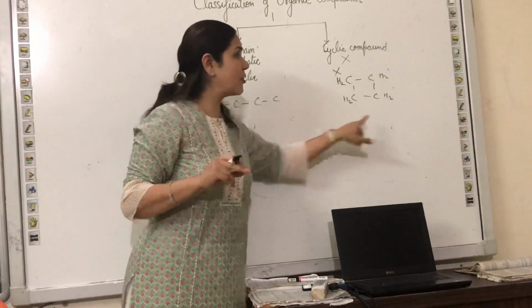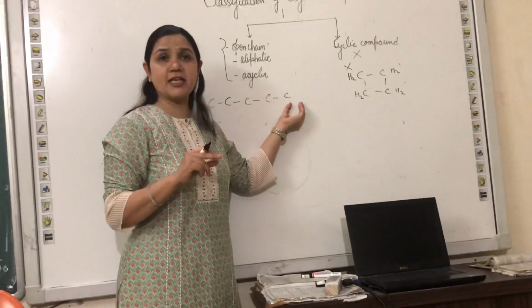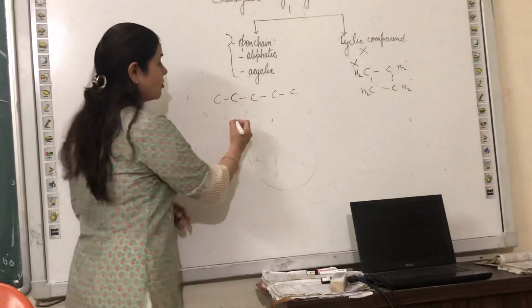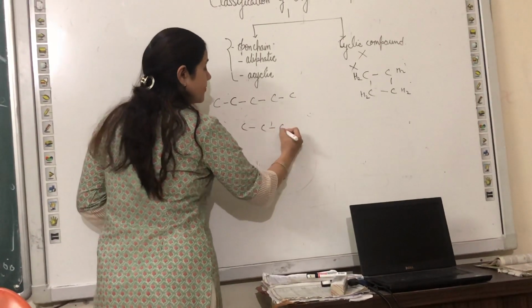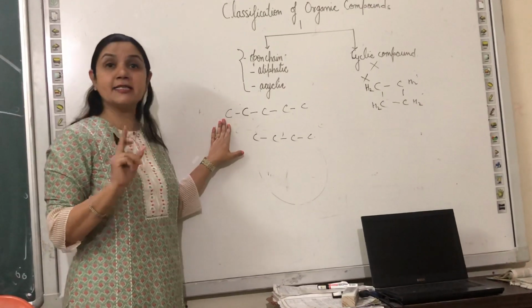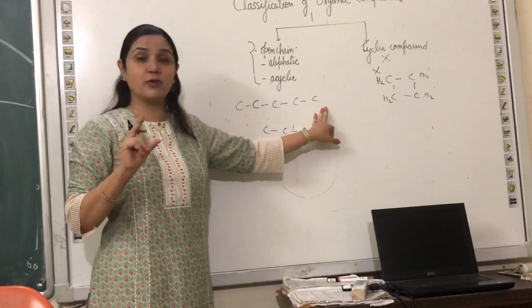Here you can see it can form a cycle-like structure, but here it is an open chain-like structure. This is an open chain of 5 carbon. You can form an open chain of 4 carbon. And I have already told you the rest of the valencies are satisfied by hydrogen only, because it comes under hydrocarbons.